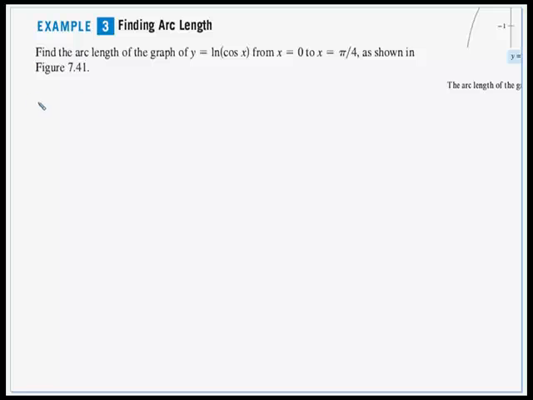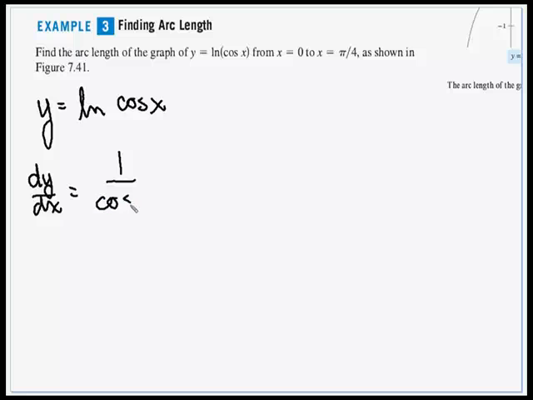So, our function is y equals natural log of the cos of x. So we need the derivative, dy dx. Well, the derivative of the natural log of something is 1 over that something, 1 over the cos of x, times the derivative of what we were taking the natural log of.